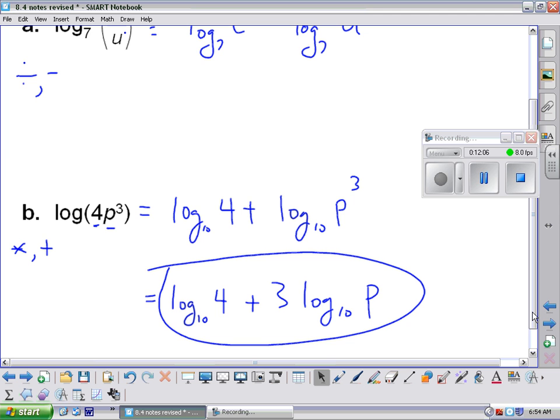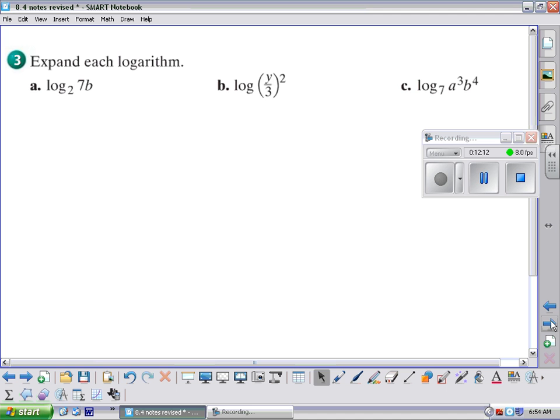All right. Let's try one more of these because we have a couple minutes, a minute we can do this, okay? And one more expansion here, or maybe two if we can get to it. So the expansion here, so I've got a 7 and a b, so it's going into two pieces. It's multiplication. So log base 2 of 7 plus log base 2 of b.